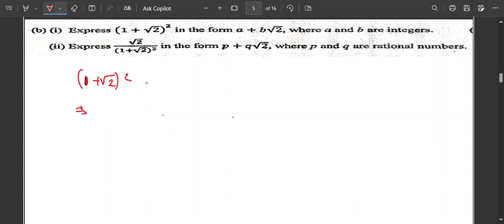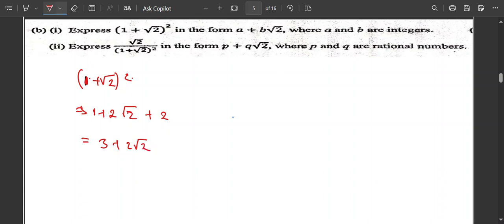Once we square this one, we just say 1 squared, that is 1. Then these two, they'll add at some point. So you say 2 of these. Then from there, you say this one again squared, this is a quadratic squared, right? So you say that is just 2. Okay. So now this would be 3 plus 2 root 2 like that.